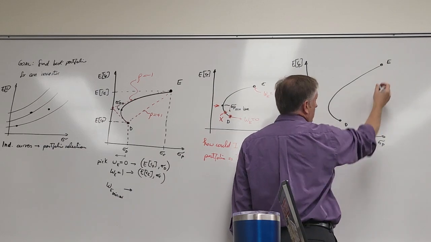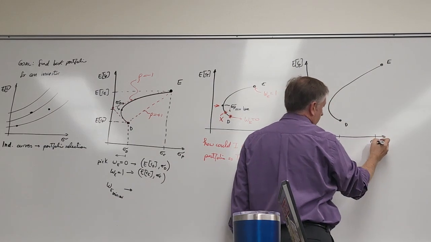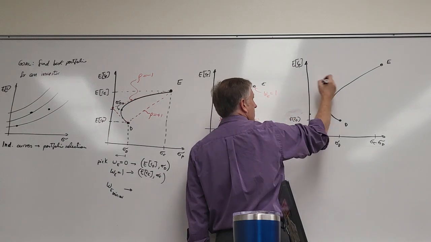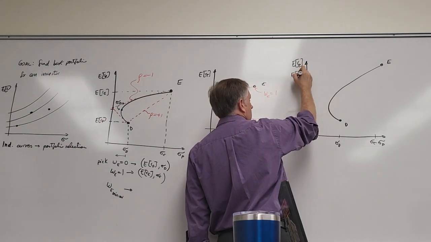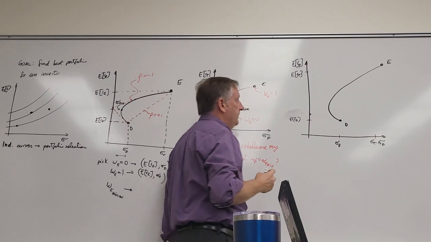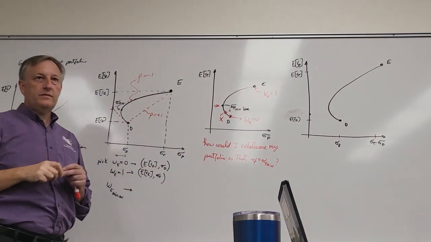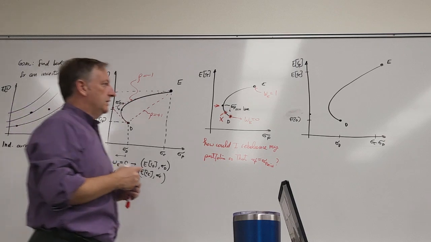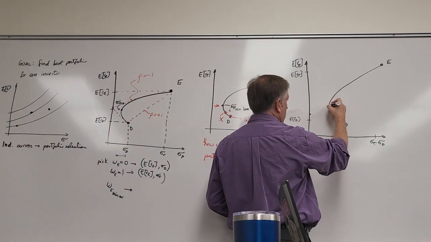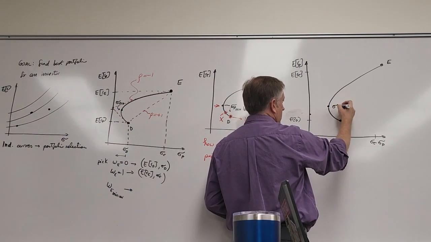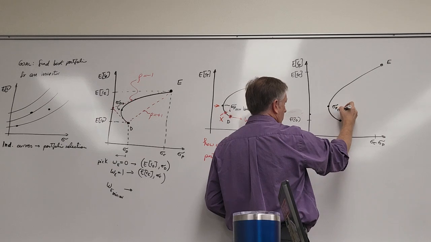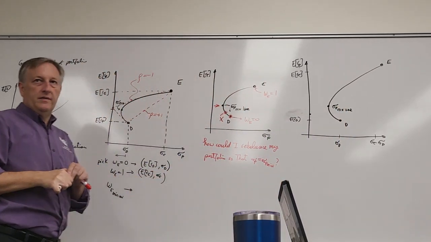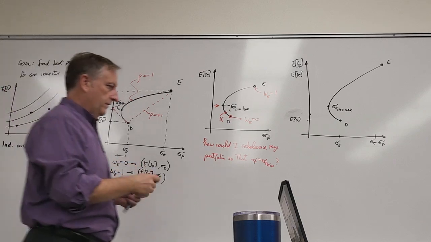Sigma D, sigma E, your D, and your E. This is the minimum risk. And now let's pick the indifference curves of this investor.